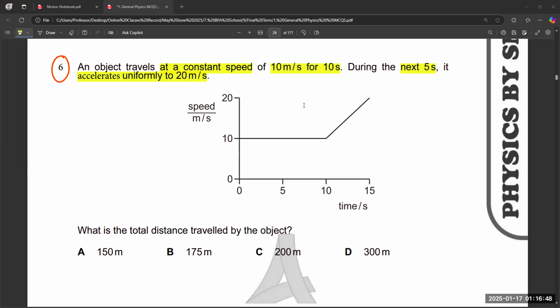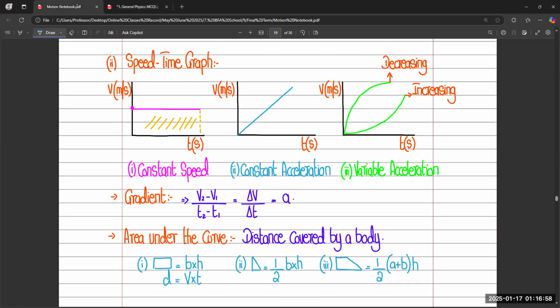And we need to find out the total distance traveled by the object. So this question is related to speed time graph and they are asking about the distance. As we already discussed, in a speed time graph, we can find out distance by using the area under the curve or area under the graph given.